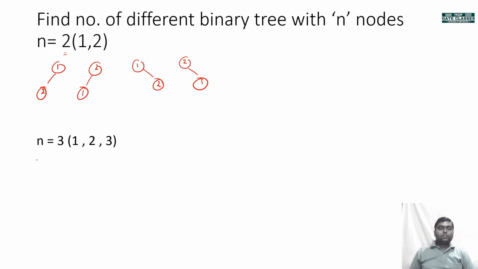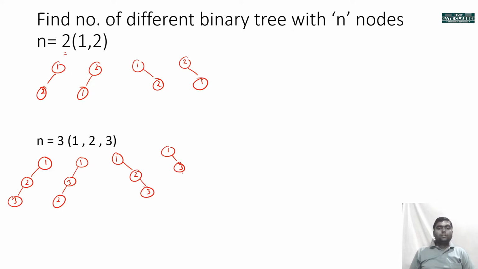Let us suppose root node we are fixing. Let us suppose 1 is the root node always. So then what may be the possibility? 1 2 and 3. Then 1 is always there, then it may be 3 and 2, and this is the same case, like this, 1 2 3, then 1 3 and 2, and after this more possibilities, just take it as 1, and then 2, and then 3.